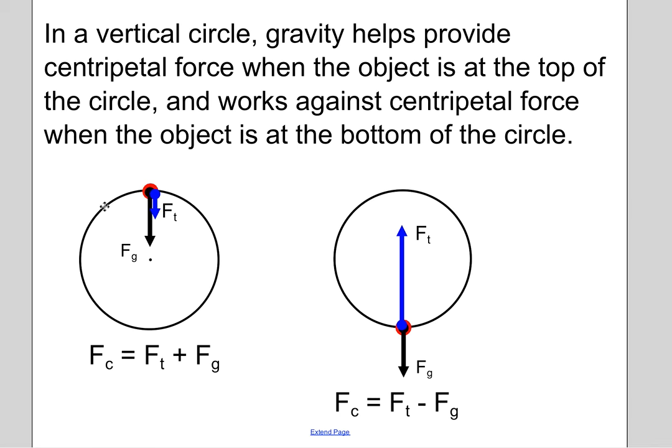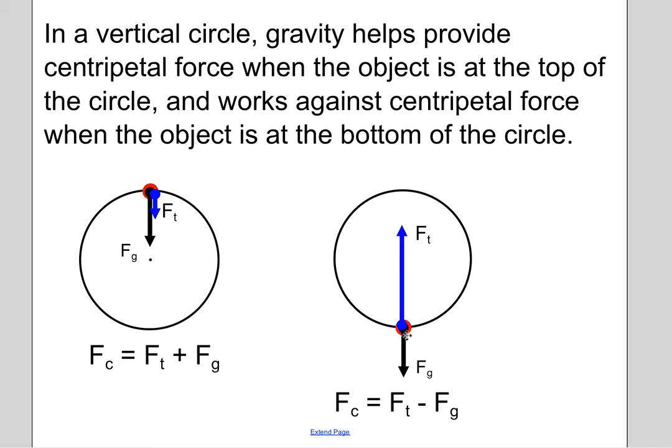At the top of the circle, the force of tension is me pulling on the string, and the force of gravity is pulling down on the object. Both of those forces are acting on the object. Notice that they're working together in the same direction, so if we combine them, the force of tension plus the force of gravity is what's providing the centripetal force.